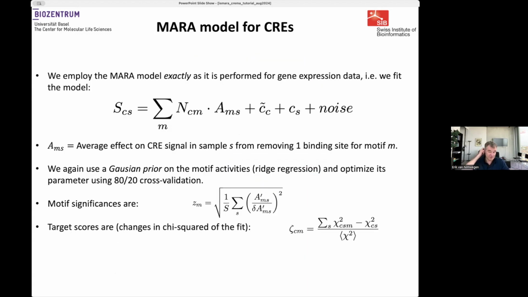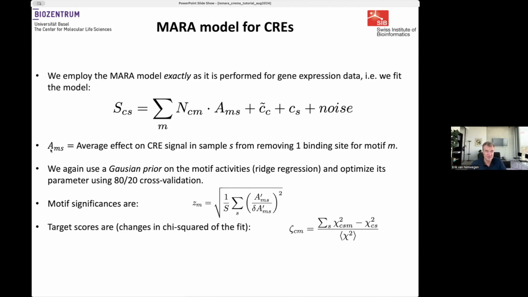All right, and so finally, the MARA model is the same as before. It's exactly the same model. We assume that the signal of CRE c in sample s is given by a sum over all motifs m of how many binding sites there are in CRE c for motif m, times the activity of motif m in sample s, plus some sample and CRE dependent constants.